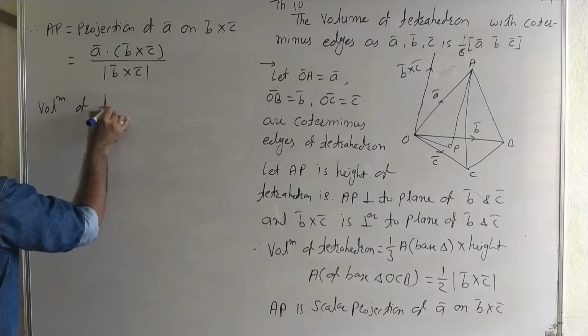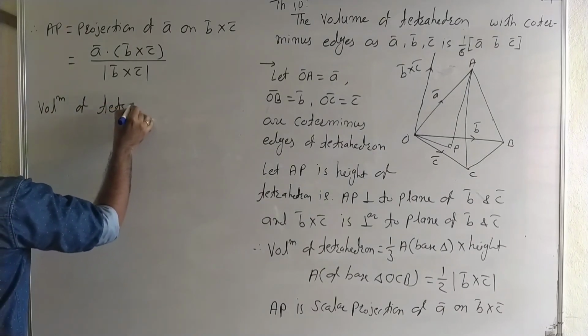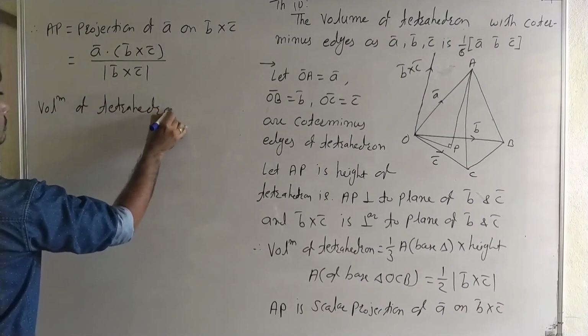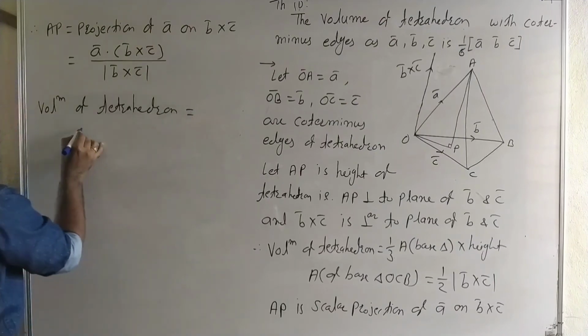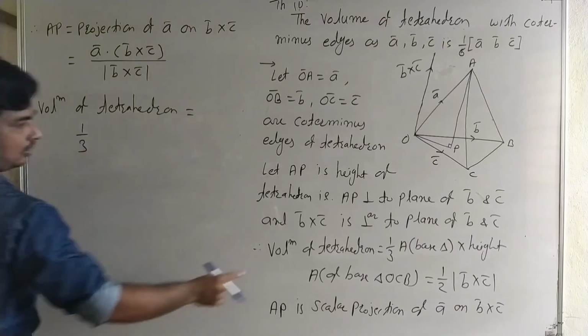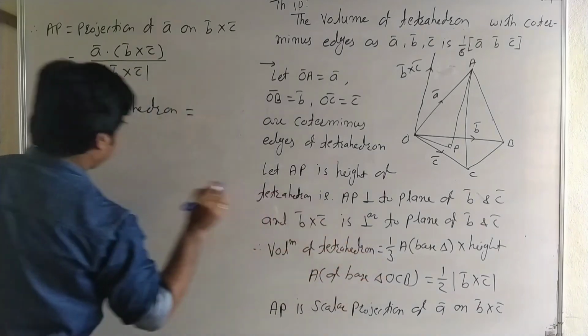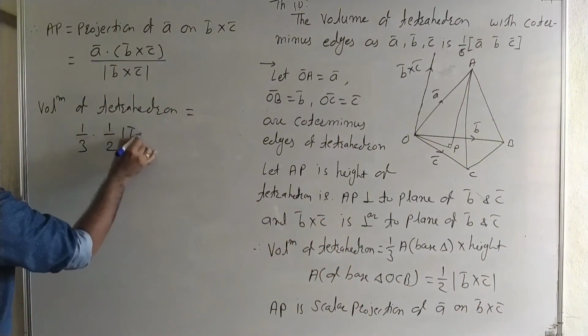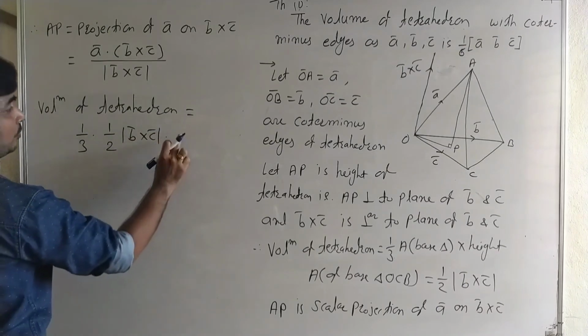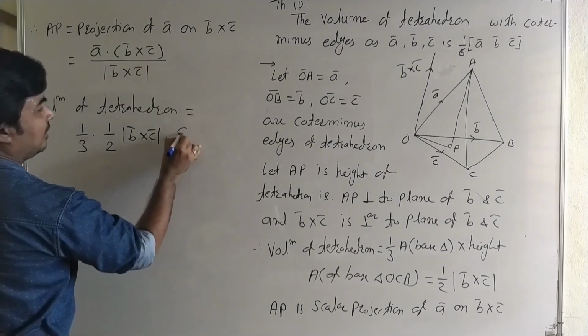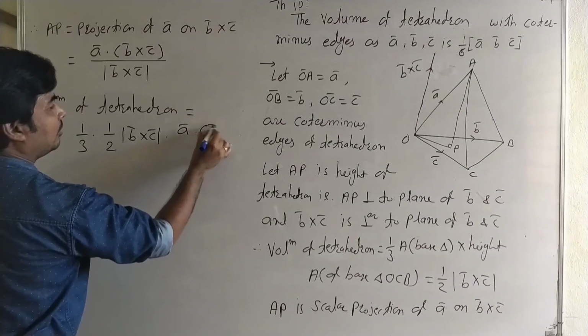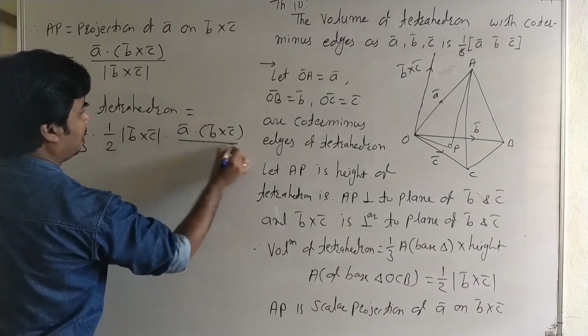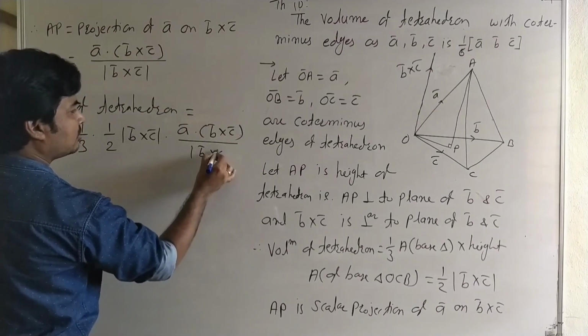of tetrahedron is equal to 1 by 3 area of base triangle, which is 1 by 2 into magnitude of B bar cross C bar, and into height AP, which is A bar dot B bar cross C bar upon magnitude of B bar cross C bar.